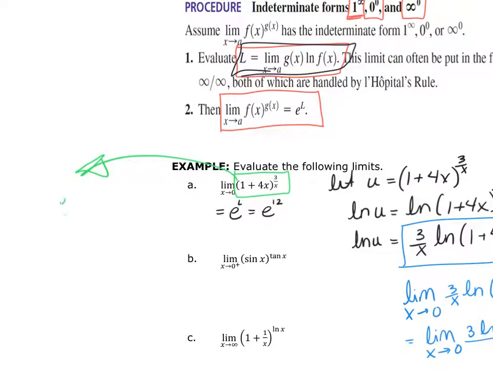So I'm rewriting this as e raised to the natural log, because it is base e, of 1 plus 4x raised to the 3 over x. So once I realize that I'm using that and changing it to a base e by the rules of logs, then what I'm finding when I get down to doing this here is the L. And that's how come my answer is e to the 12.